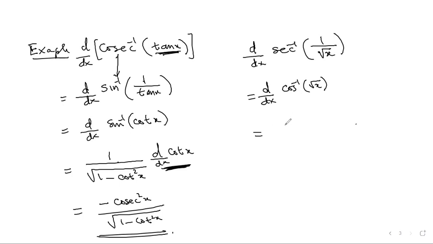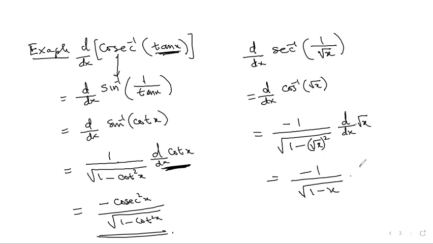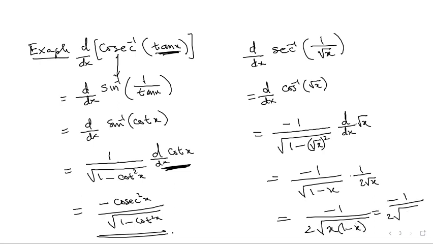Minus 1 upon root 1 minus root x the whole square into derivative of root x. So I can write this as minus 1 upon root 1 minus x into 1 by 2 root x. So my final answer will be minus 1 by 2 root x minus x square.